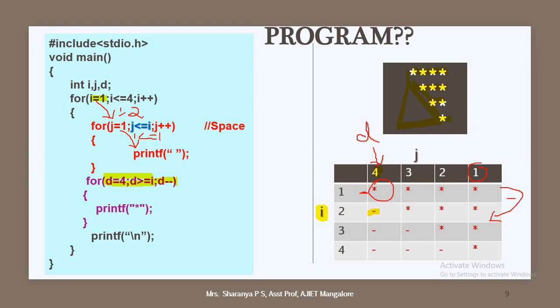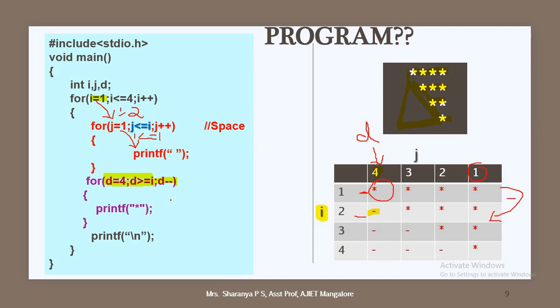Next with the I value 2, the same process will be performed. Now J will be 1, and J is less than or equal to the I value. I value here is now 2. So in this loop the space will be printed 2 times. One will be here and one more will be starting from here. So 2 spaces will be printed.